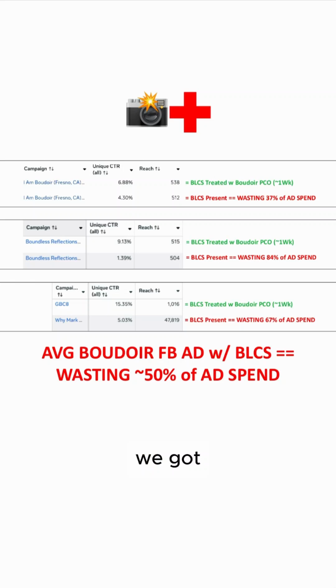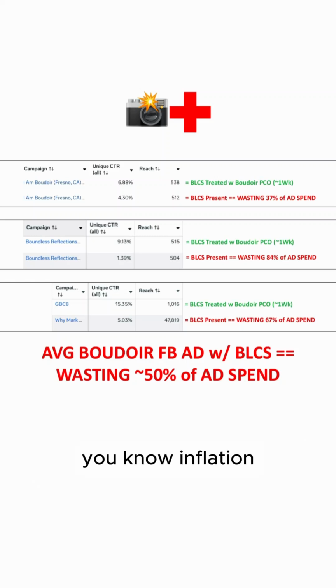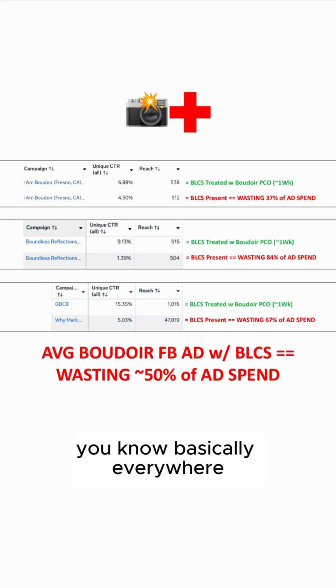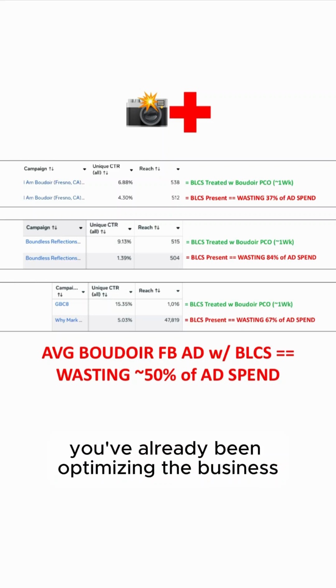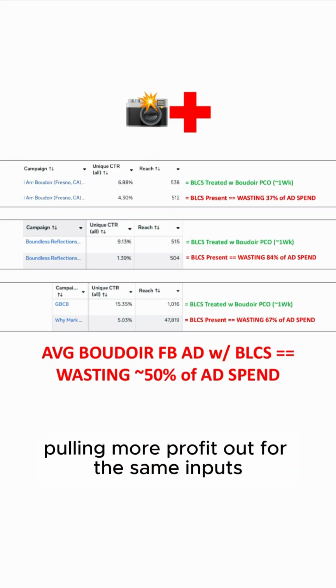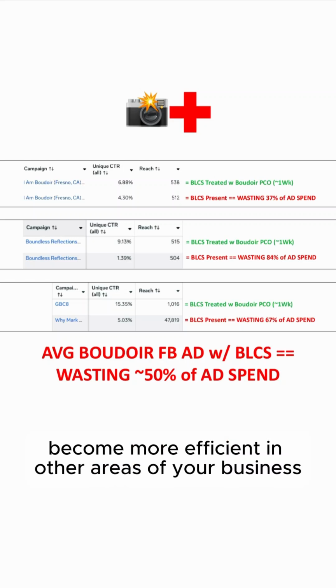You're also seeing inflation and cost of living going up basically everywhere. So you've already been optimizing the business, pulling more profit out for the same inputs, or even better, less inputs, becoming more efficient in other areas of your business.